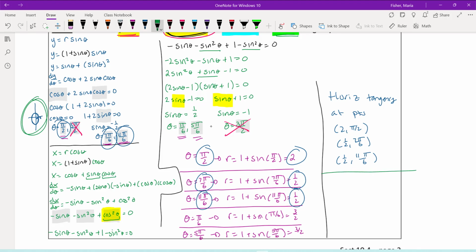For vertical tangency, my points are 3 halves comma pi over 6, and 3 halves comma 5 pi over 6.